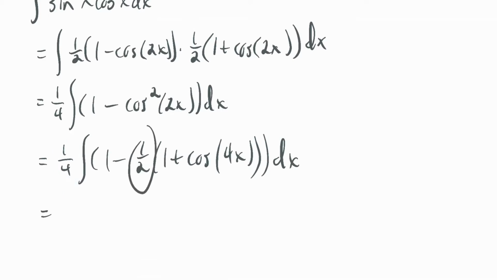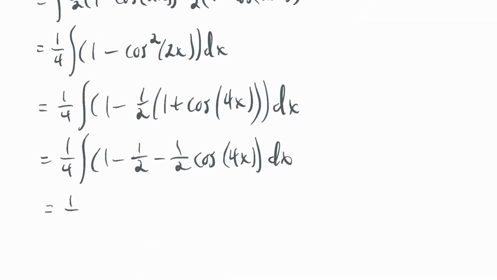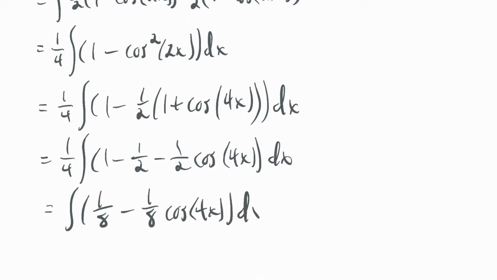Okay, so then I can distribute the 1/4 if I want, but I'll leave it where it is, and then this 1/2 I can distribute. So 1/4 times 1 minus 1/2 minus 1/2 cosine 4x dx, and I can combine like terms. So 1/4. I'm going to distribute while I'm doing this. So this will be 1 minus 1/2 is 1/2 times 1/4 is 1/8 minus 1/8 cosine 4x dx.